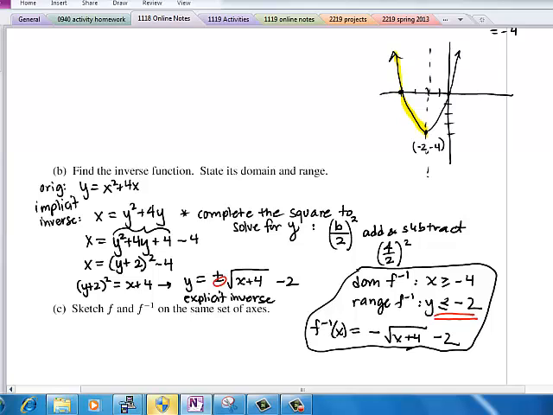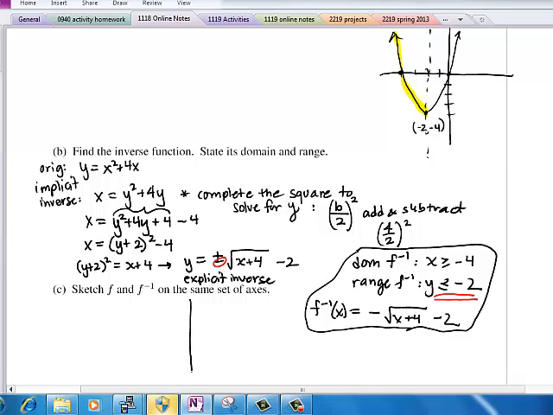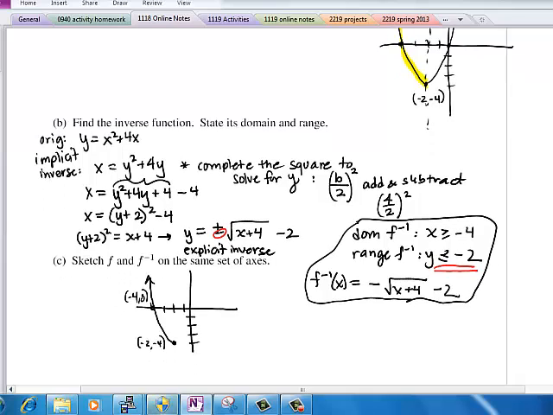Finally, it's asking us to sketch f and f inverse on the same set of axes. We already have a sketch of f above there. We have (-2, -4) for its vertex. So f is like this. And then f inverse, we can just say, well, we've got the square root graph shifted 4 to the left and reflected and then shifted 2 down, or we can just switch these coordinates.